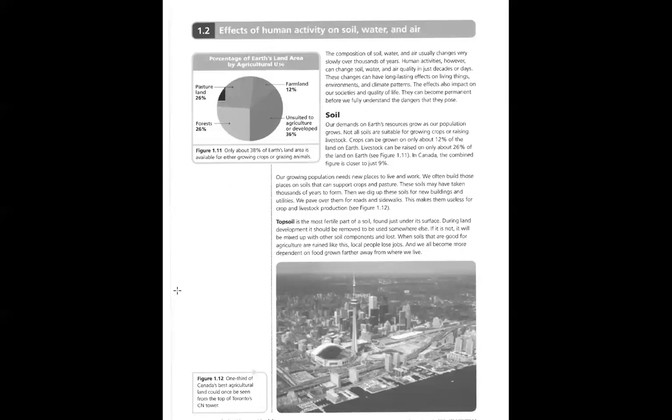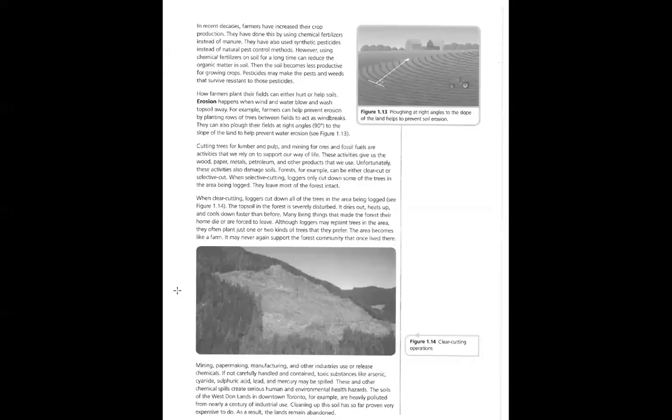Lesson 2 was effects of human activity on soil, water, and air. That was section 1.2. And we can see there how much of the Earth's soil is taken up in different agricultural uses. We spent a lot of time talking about soil. We talked about topsoil; there's a good definition on that page of 1.2. We talked about erosion and the effect that it has on soil, and how we have to be very careful.